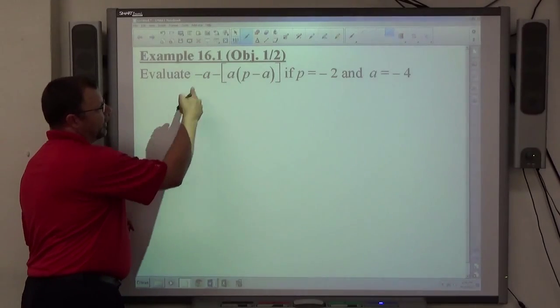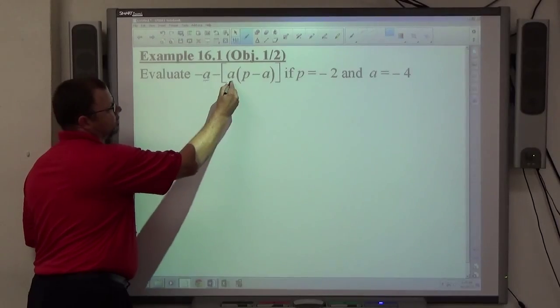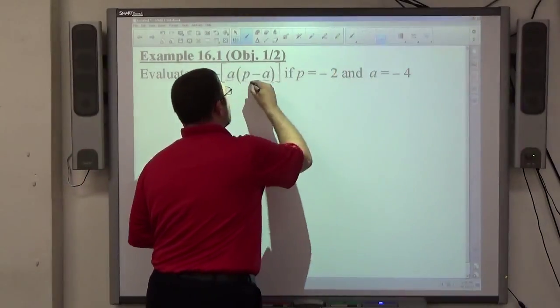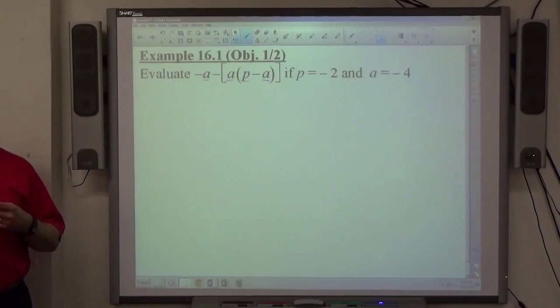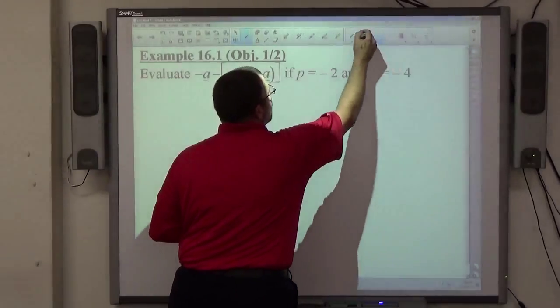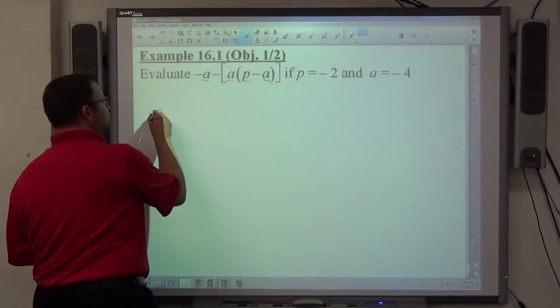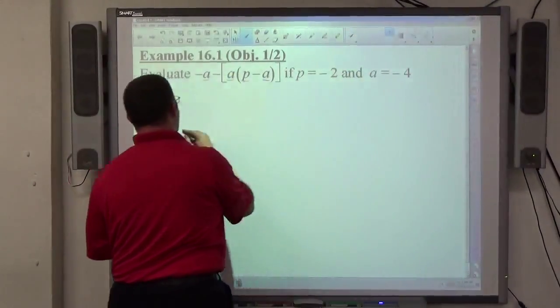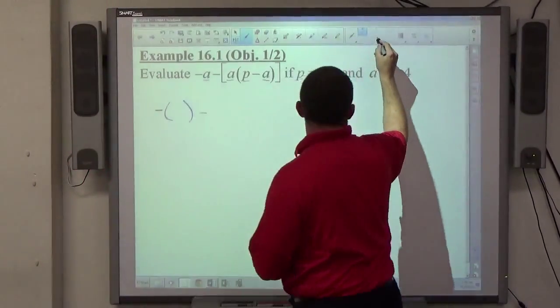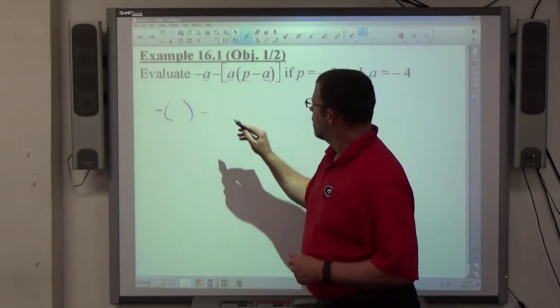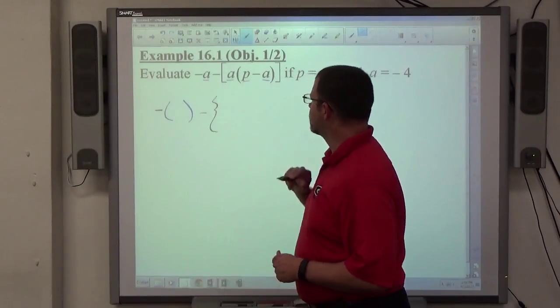Each object that's a letter, so a is a letter and p is a letter, every one of those objects becomes parentheses, and then the grouping symbols maybe turn into a different grouping symbol around those things. So I've got a minus sign, which is just part of the expression, times our minus a, and then minus, and then this is a bracket, so I'm going to maybe go to a brace even.